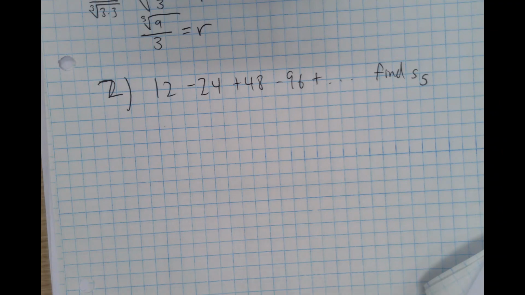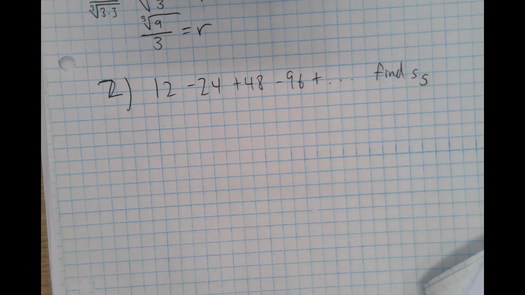Maybe like the sum of the first 5 numbers. Yeah, so it's the sum of the first 5 numbers. I don't know if that's what you're trying to convey, but yes, the sum of the first 5 numbers, right? Because if it's an infinite series, it's going to go on forever, so we have to actually cut it off somewhere, especially if the sum diverges, which you'll find out eventually in calculus if you take it.